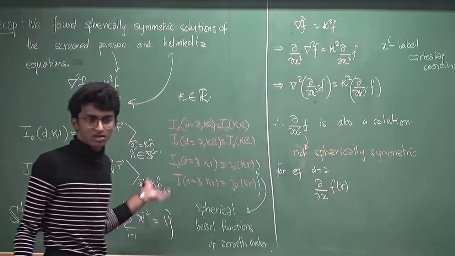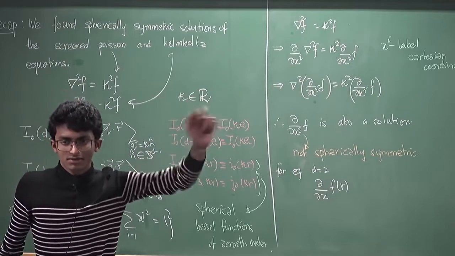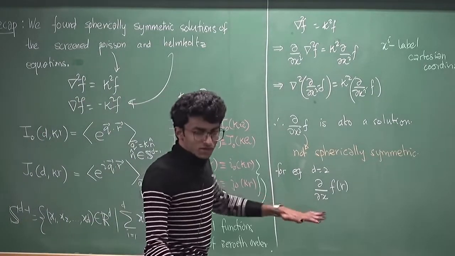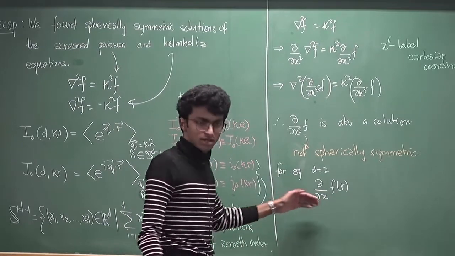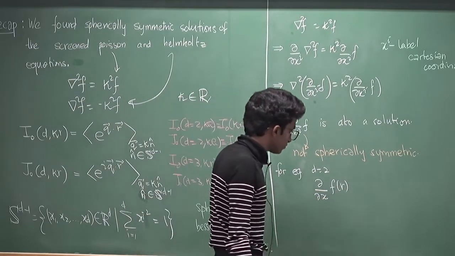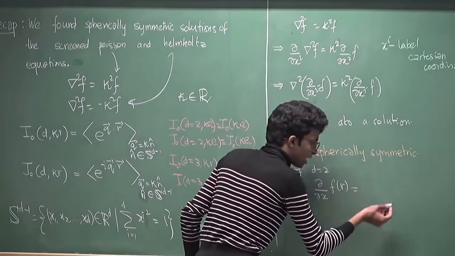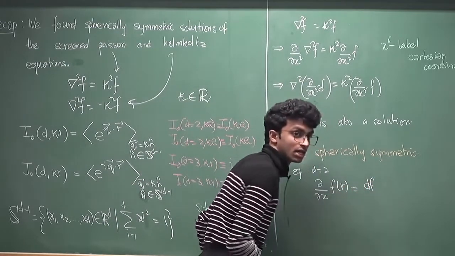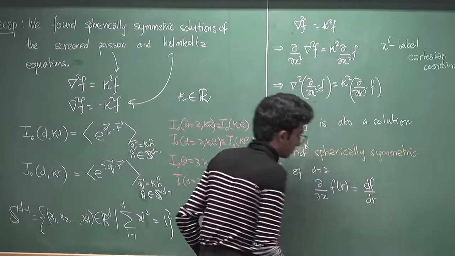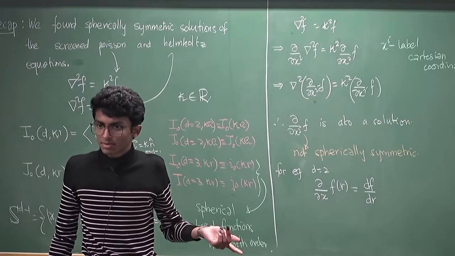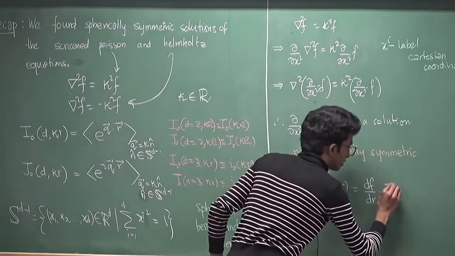It can be I0, J0, or it can even be Green functions that we will discuss later on. For now, just concentrate on I0 or J0. Now del x of this is what? It's just df over dr times del r over del x, but del r over del x is just x by r. So this gives you x by r.